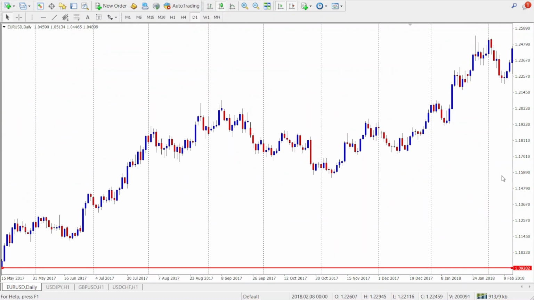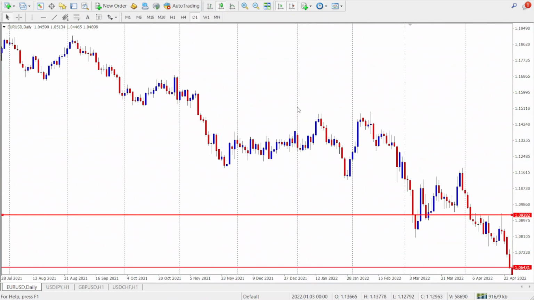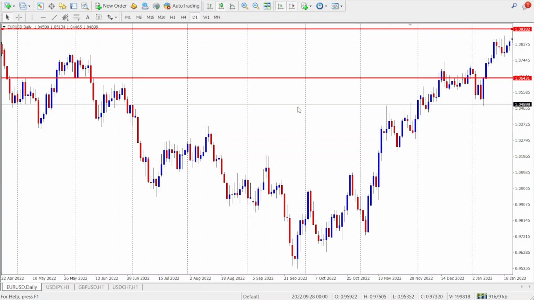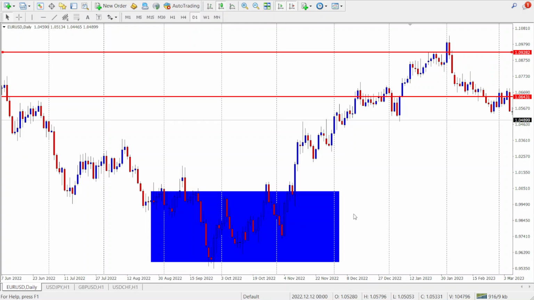All right, I think we might be able to use this because we have some small fluctuations within this zone, and you can see price is consolidating.